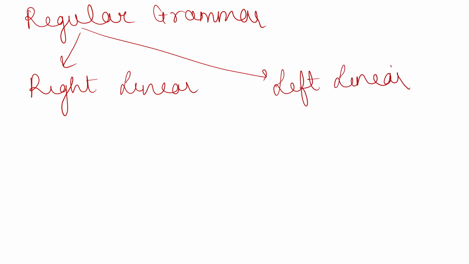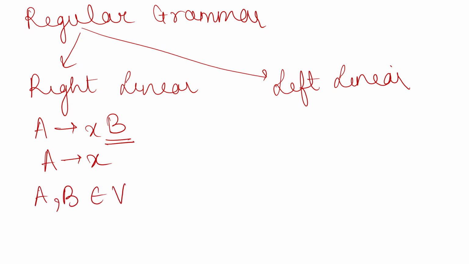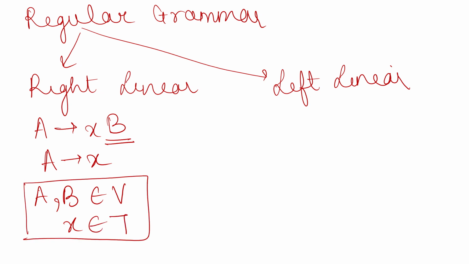A grammar is said to be right linear if all the productions are of the form A tends to XB or X, where A and B belong to variables and X belongs to terminals.